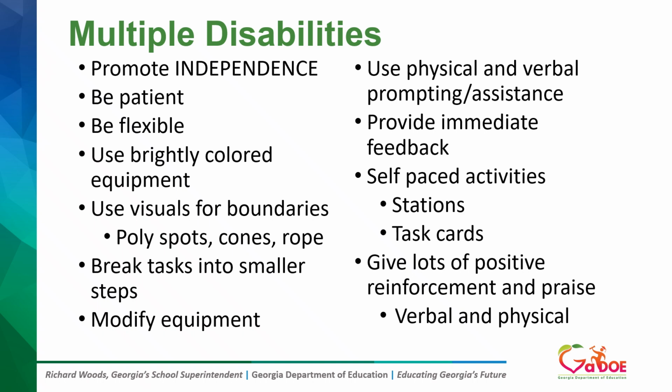Be patient, be flexible, use brightly colored equipment, use visuals for boundaries, polyspots, cones, or rope, break tasks into smaller steps, modify equipment, use physical and verbal prompting or assistance, provide immediate feedback, self-paced activities such as stations and task cards usually work very well, and give lots of positive reinforcement and praise, verbal and physical.